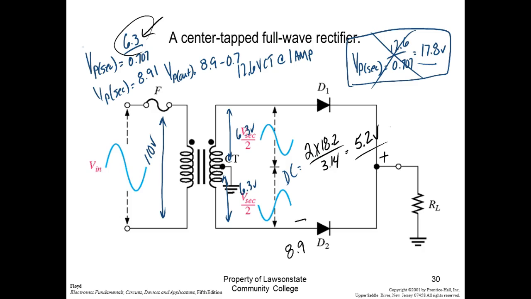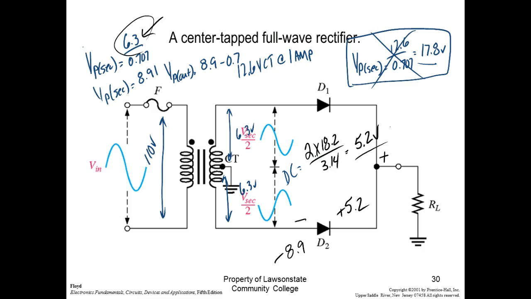Y'all understand that? Because this guy here is no longer dropping peak, because the other side is positive with respect to that negative. What you're trying to do is figure out how much voltage the thing is going to drop. Y'all understand what I'm saying? Yes or no? So over here, this would be a minus 8.9. Over here, this would be a 5.2. What's the difference between an 8.9 and a 5.2? Well, it's sign math.